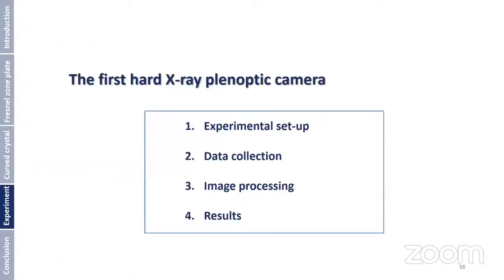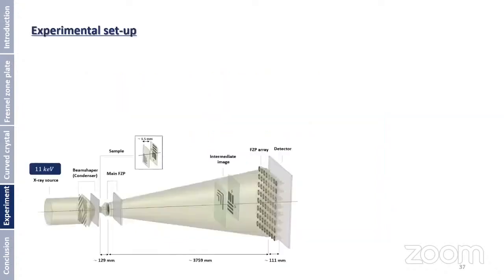Besides the studies on the individual optical components, we also carried out the first experiment on the entire system. This experiment was performed at a synchrotron in Germany. The experimental energy is 11 keV.